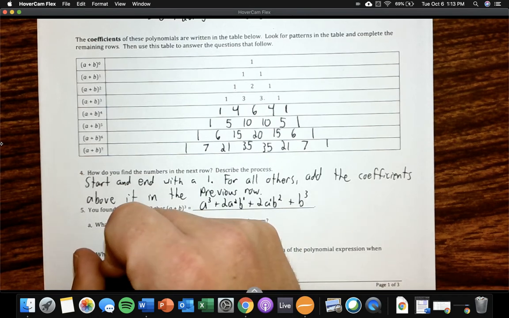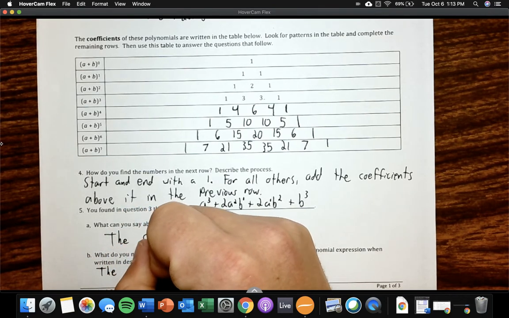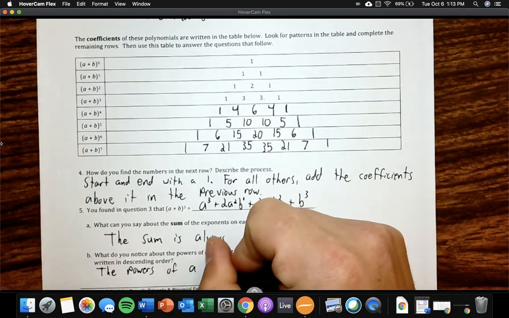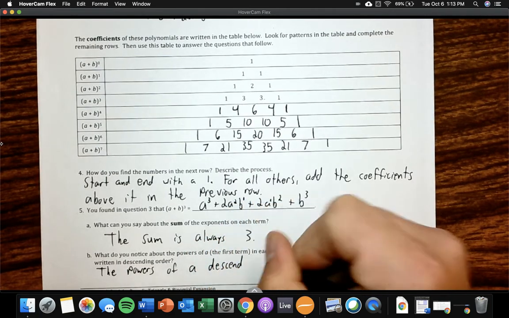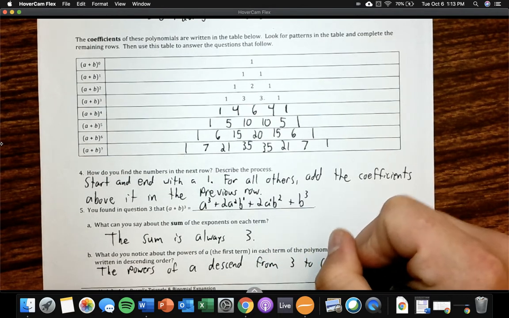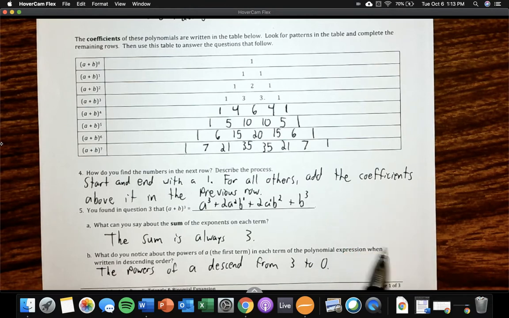So the powers of a descend from 3 to 0. And notice it's kind of the opposite for b.